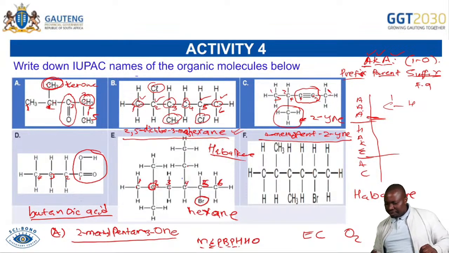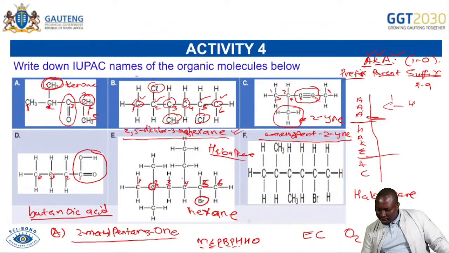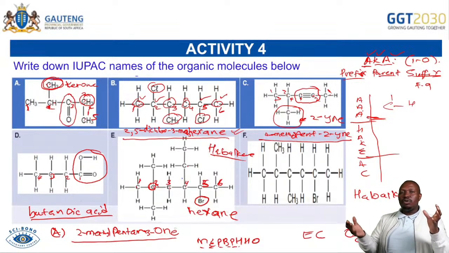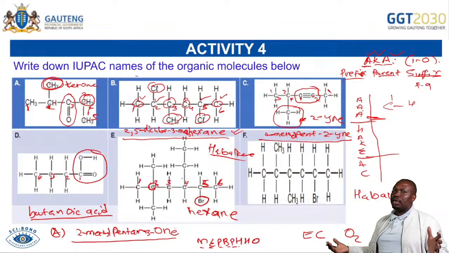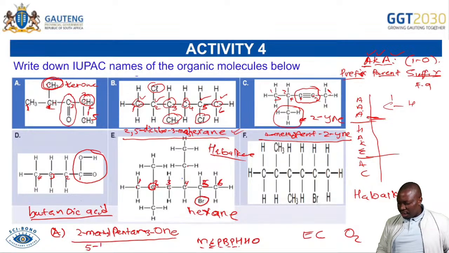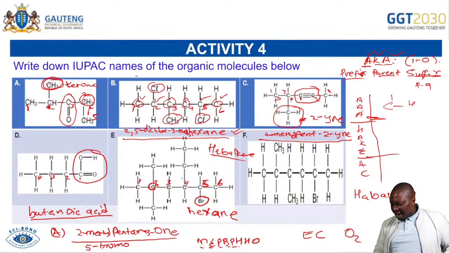So I want enough space so that I can write this one. We said this is hexane. Now let me write the name here. Remember, when you write a name, always arrange your substituents in alphabetical order. The most important thing is alphabetical order. So 5-bromo comes first because B comes before E. Don't forget the hyphen between the number and the letter: 5-bromo.